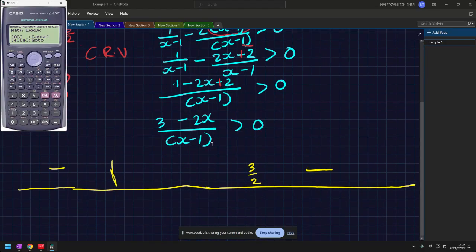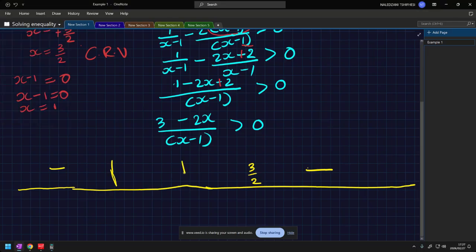So my conclusion will be between these points they have to be positive, right? They have to be positive.